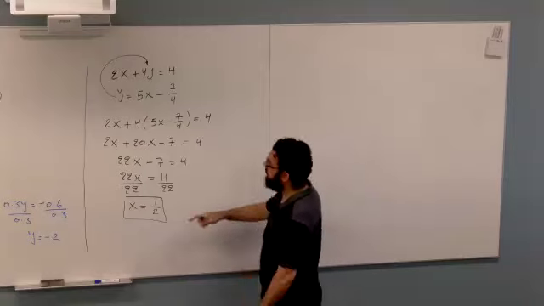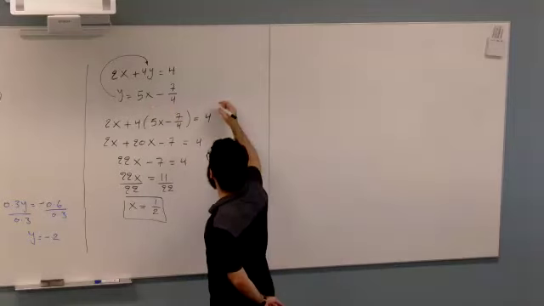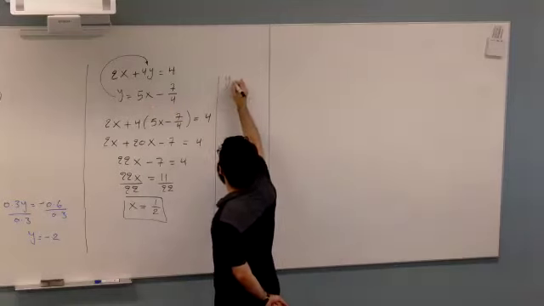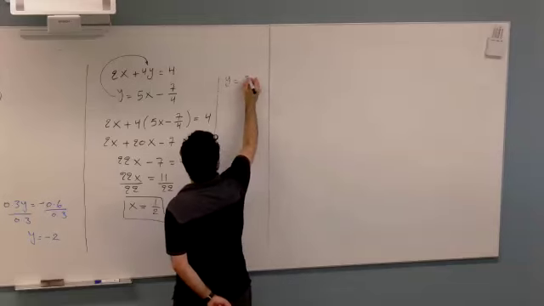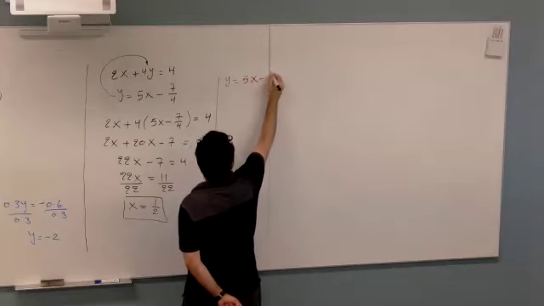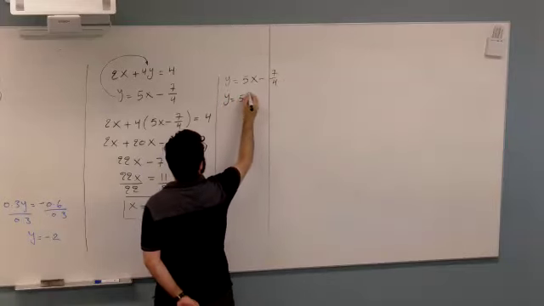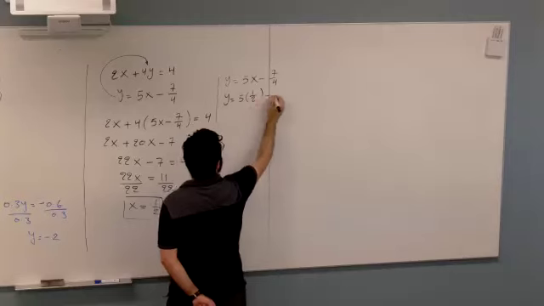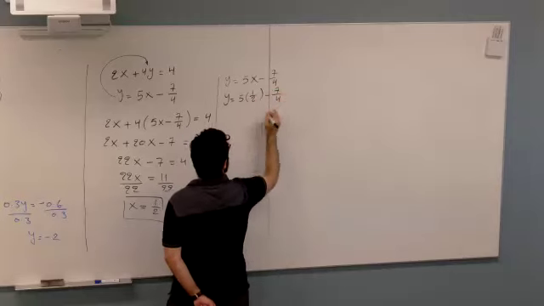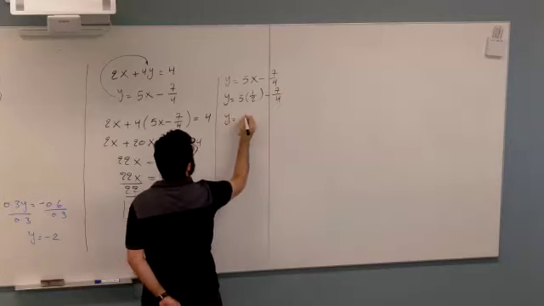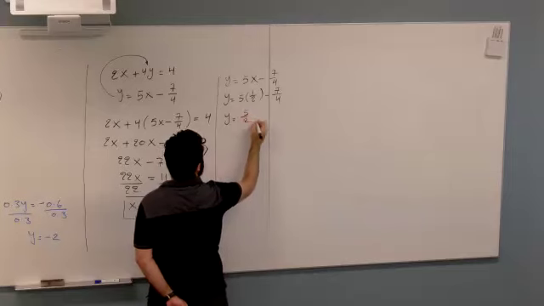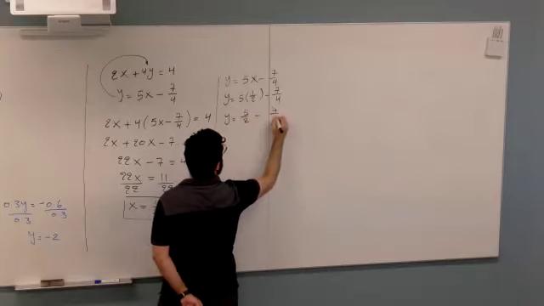I have the value of x. Go back and plug in the value of x here. That means y is going to be equal 5x minus 7 over 4. y is going to be equal 5 times half minus 7 over 4. So y is going to be equal 5 over 2 minus 7 over 4.